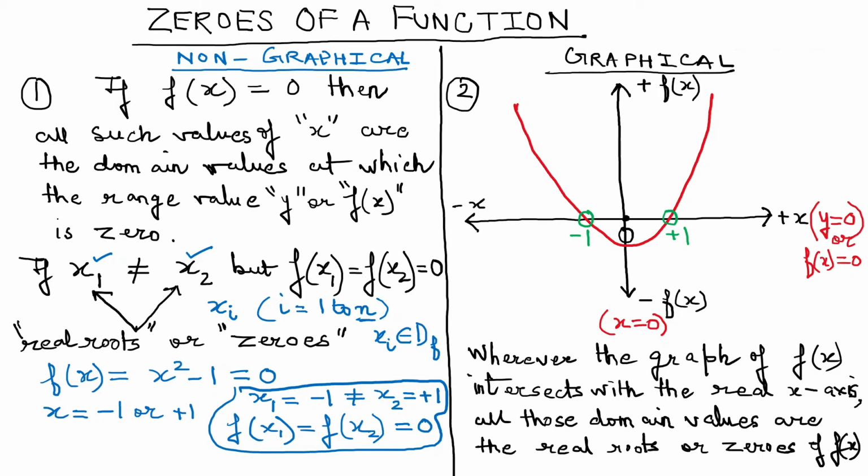In this case, we are talking about the zeros being, this is one such intersection point and this is another such intersection point.